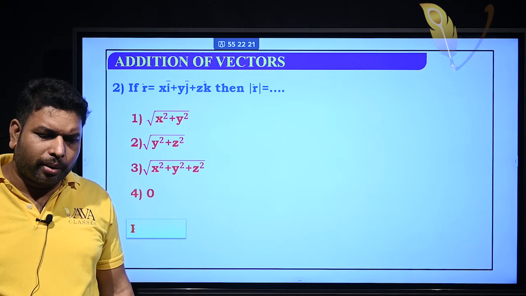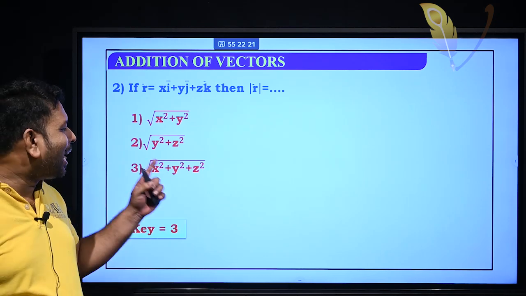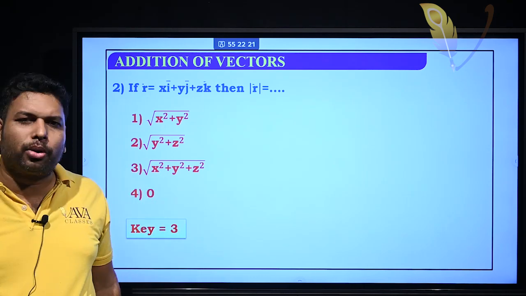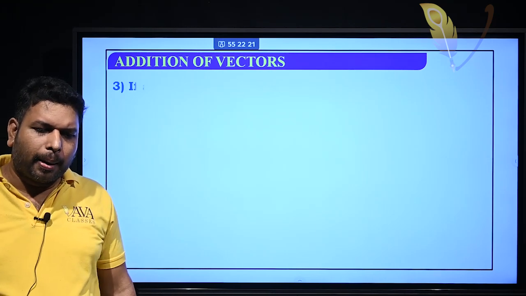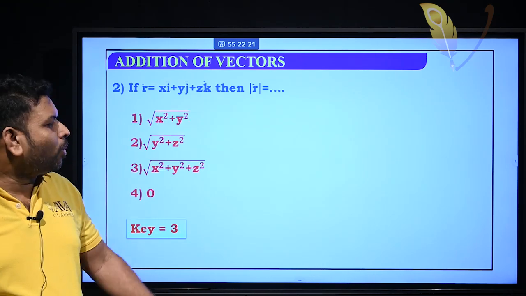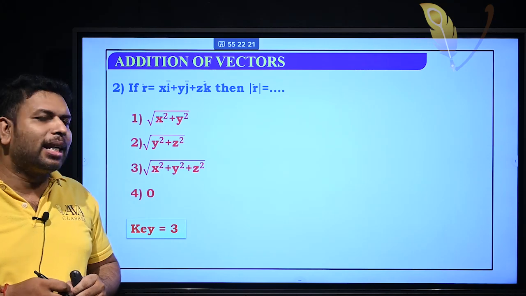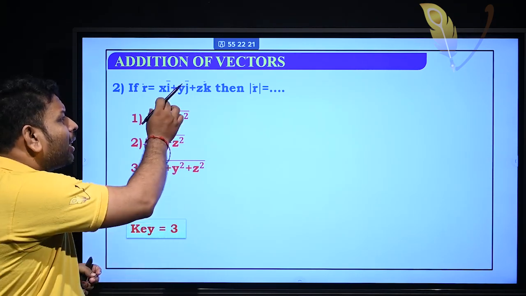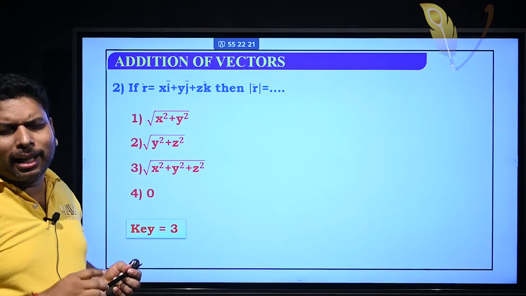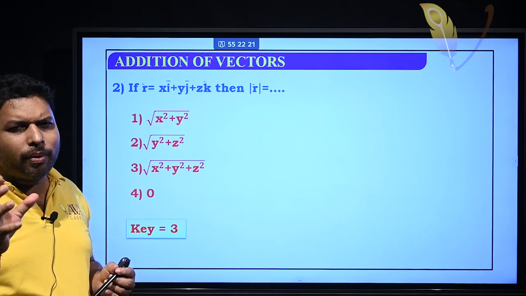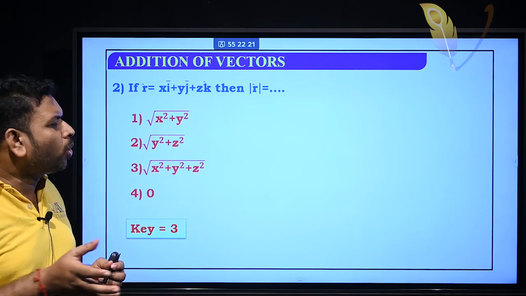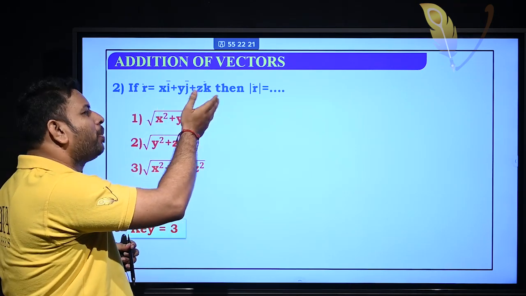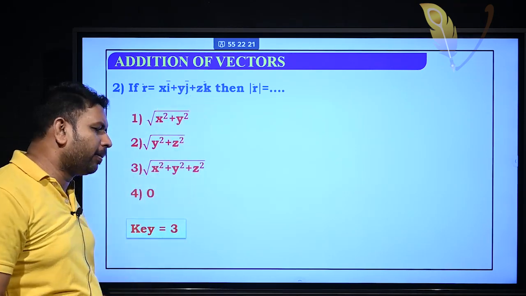Now see, third option is the right option, students, because if R equal to x i cap plus y j cap plus z k cap, then magnitude of R is the square root of the sum of squares of the coefficient of i cap, coefficient of j cap and coefficient of k cap.